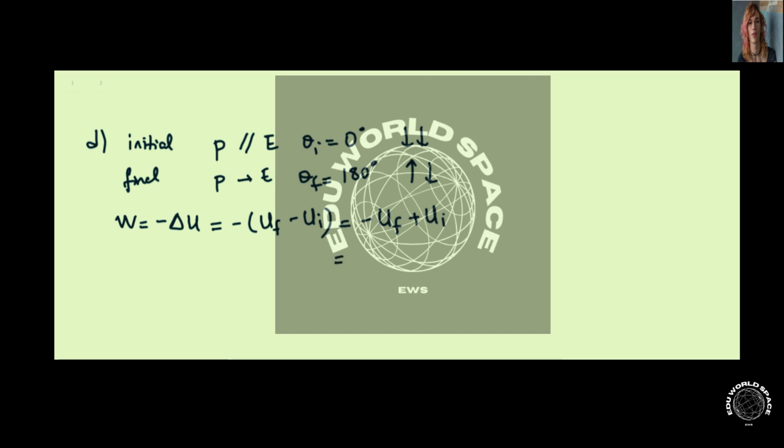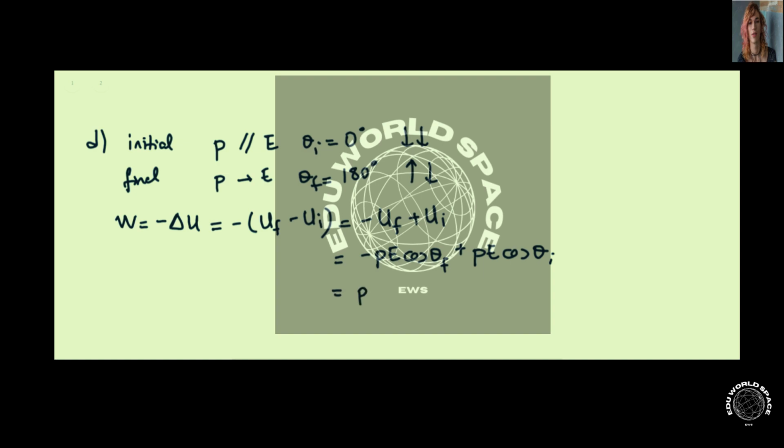The potential energy in terms of the dipole moment and the electric field is actually the dot product. So negative P E cosine theta final plus P E cosine theta initial is going to give us the work done.